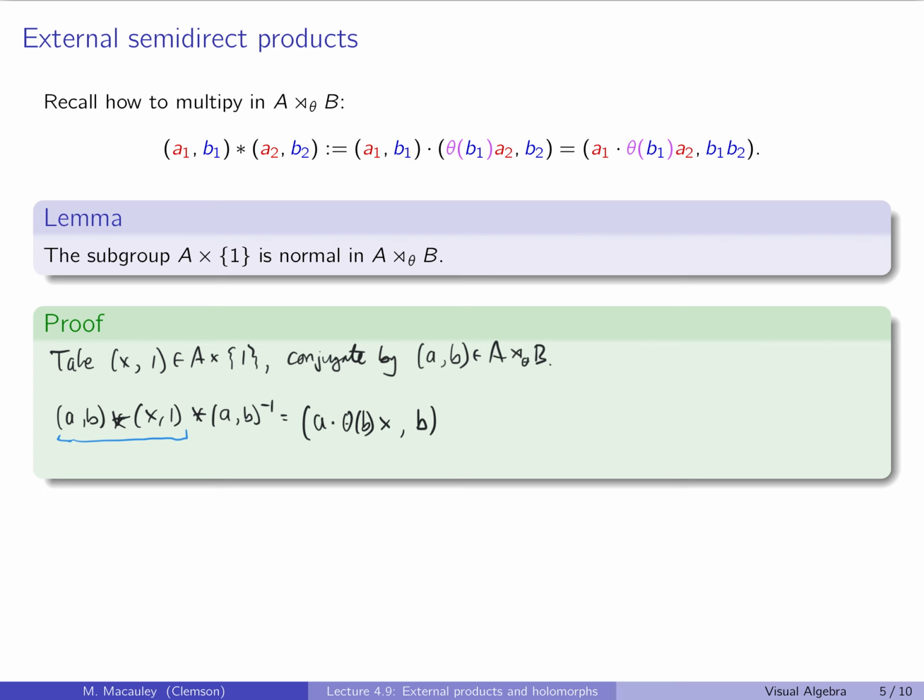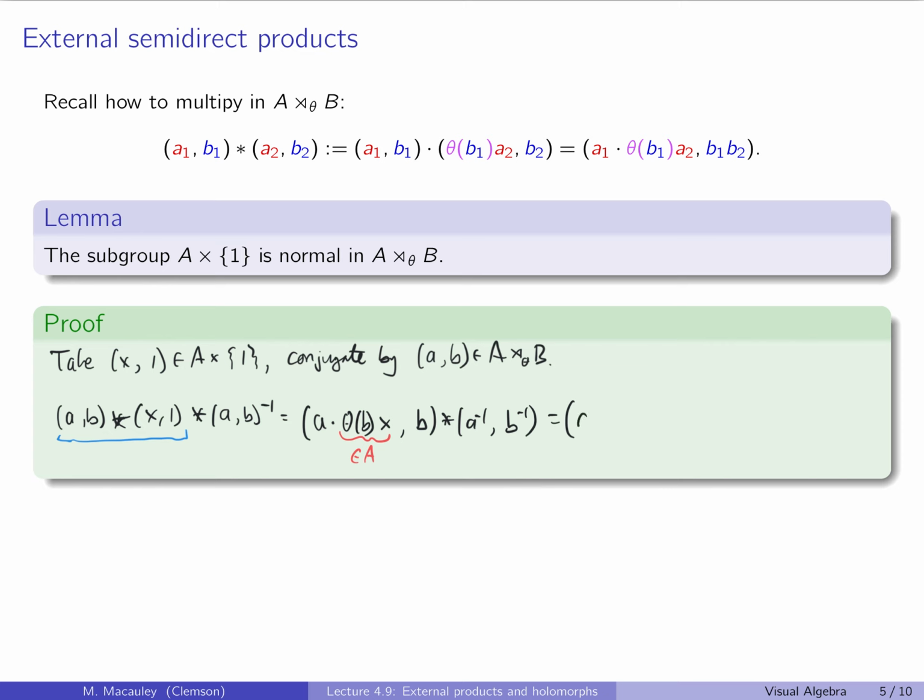What I want you to notice is that since x is in A, and this is an automorphism of A, this thing is in A itself. So now we have this times (a inverse, b inverse), and we just use our definition once again.